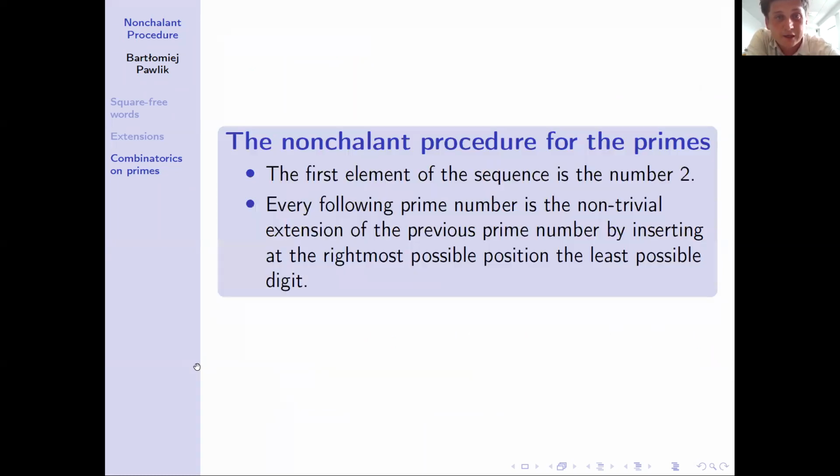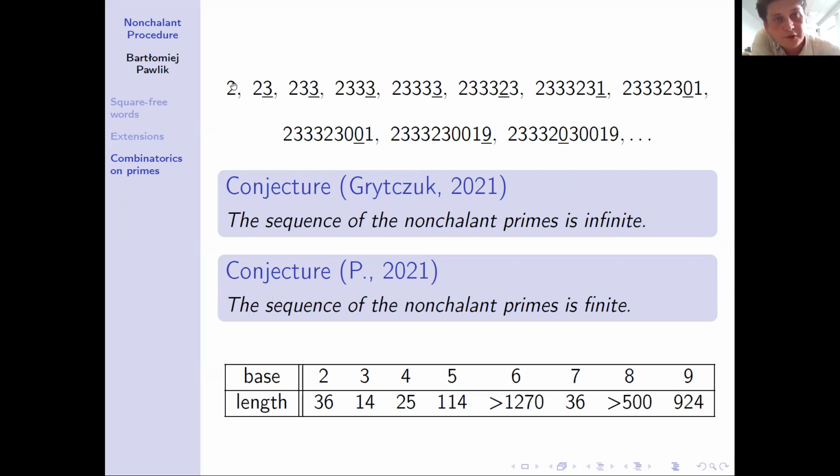Okay. So back to our concept, the nonchalant procedure for the primes. We start with the prime number 2, and every following prime number is the non-trivial extension of the previous prime number by inserting, at the rightmost possible position, the least possible digit. So we start with 2.